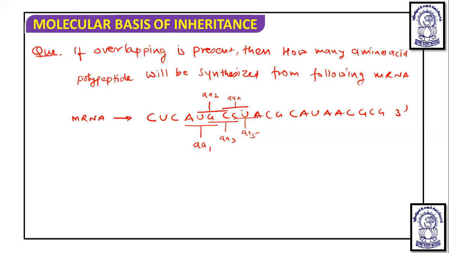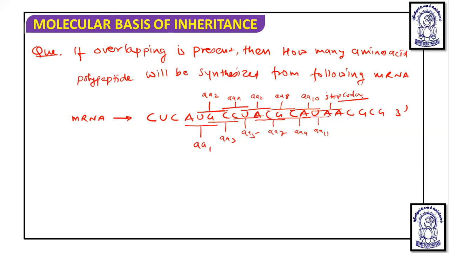Then UAC will add a sixth amino acid. Then ACG will add a seventh amino acid. Then CGC will add an eighth amino acid. Then GCA will add a ninth amino acid. Then CAU, the 10th amino acid. Then AUA, the 11th amino acid. But when UAA comes, it is a stop codon.